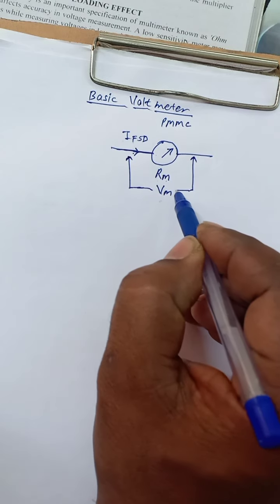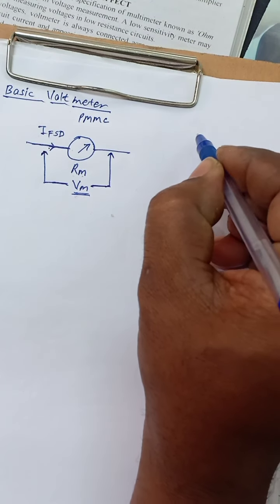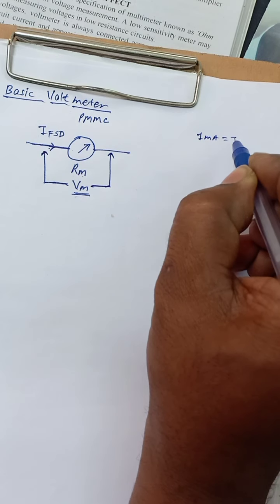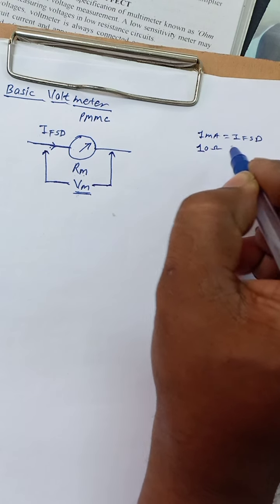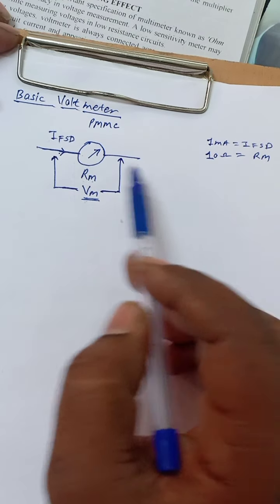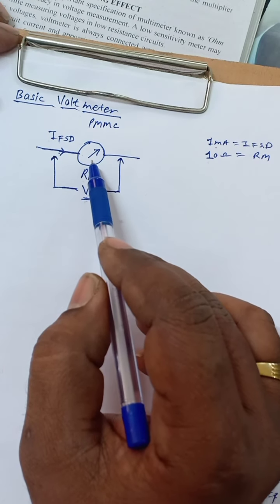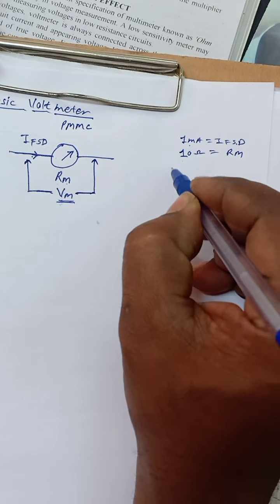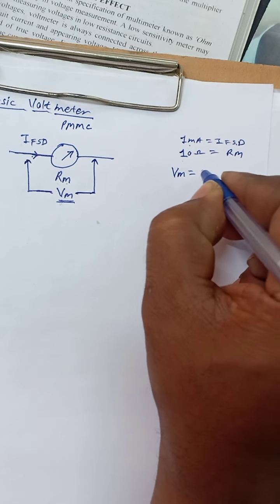Okay, so this is Vm. Now consider one example. Okay, so 1 milliampere is IFSD, and suppose 10 ohm is RM. If we apply 1 milliampere full scale deflection current and 10 ohm is the meter resistance, in that case the voltage across the meter, that is Vm, is V equal to IR.